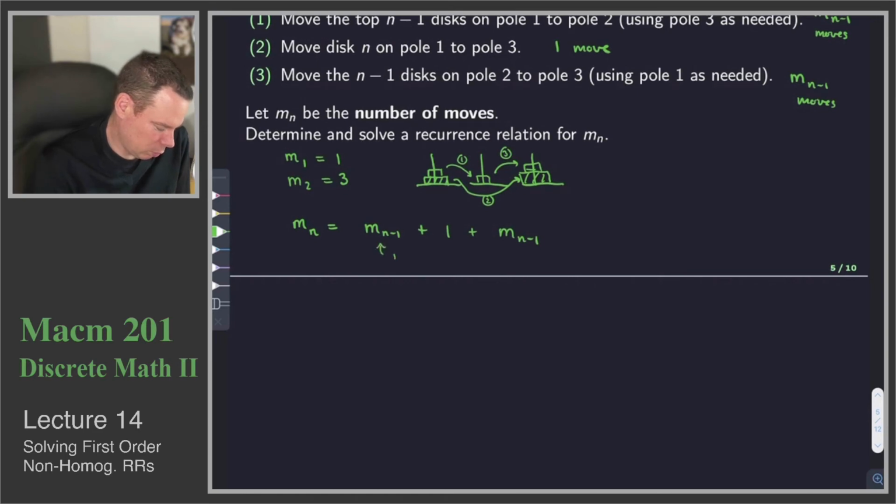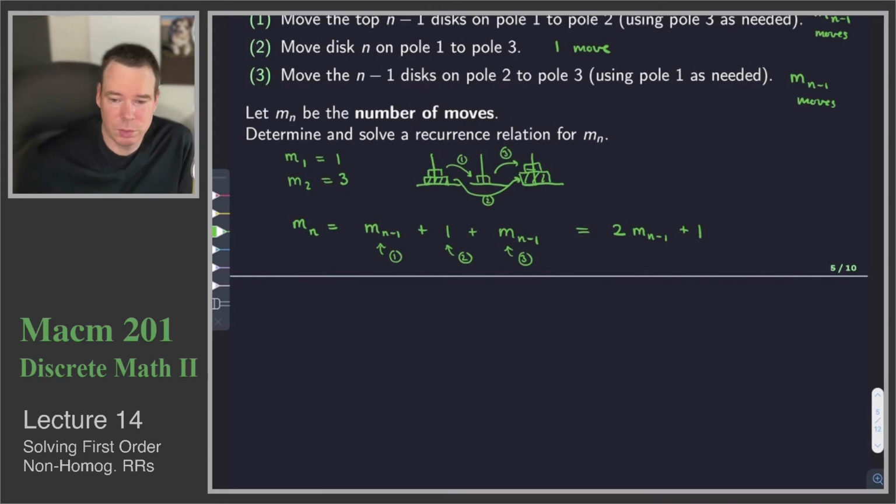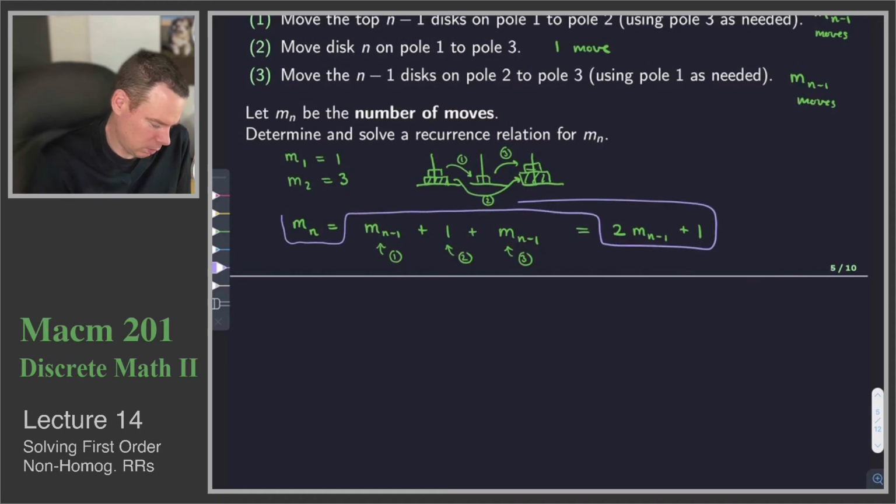This was step number 1. This was step number 2 above. And this was step number 3 above. And so our recurrence relation becomes 2 m sub n-1 plus 1. So that's our recurrence relation we want to solve. This is it right here. m sub n is equal to twice m sub n-1 plus 1. So let's solve the recurrence.